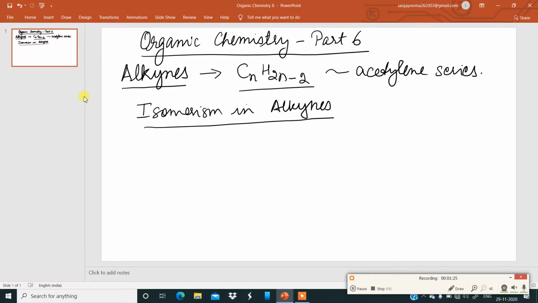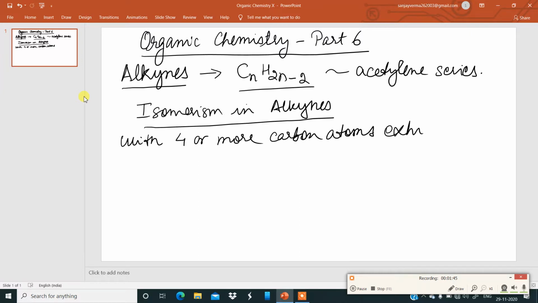Remember, alkynes with 4 or more carbon atoms exhibit position isomerism. That is very important to understand over here.